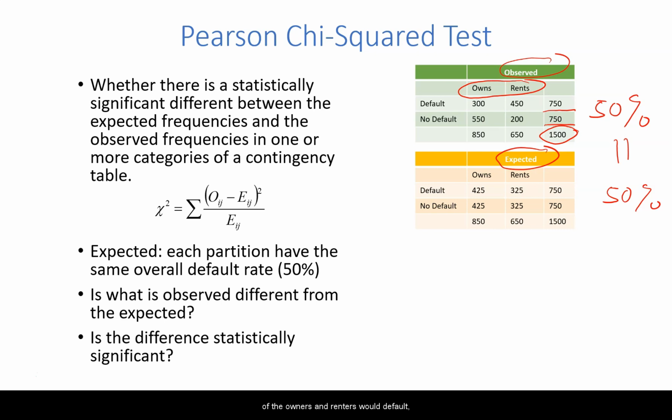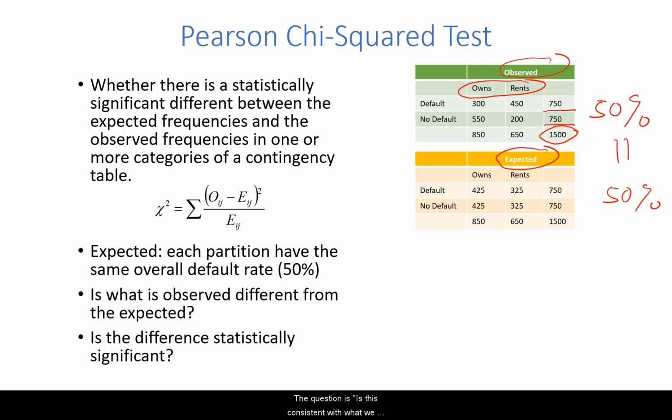So 50% of the owners and the renters would default, and the 50% of the owners and the renters would not default. As you can see, to construct the expected contingency table, you simply apply the overall class distribution to both partitions of the cases, suggesting that the split makes no difference in improving the purity of the dataset.